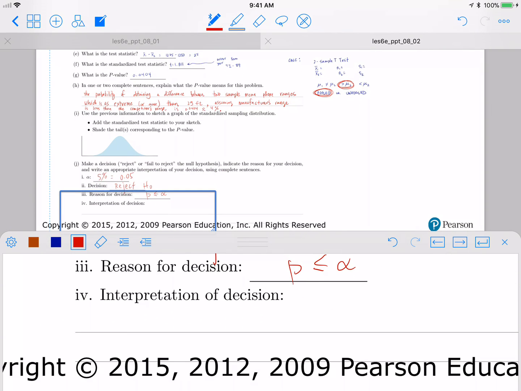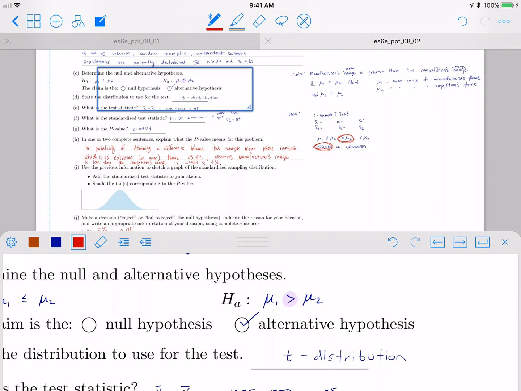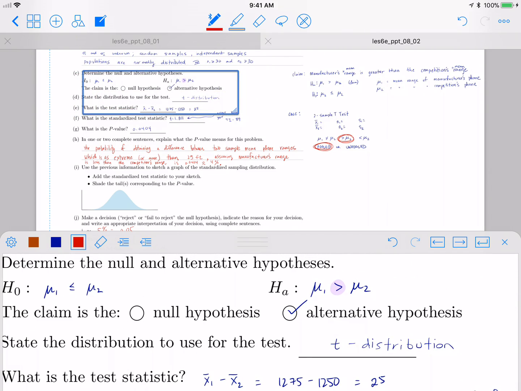And the interpretation of the decision: now we rejected H naught and the claim is HA.